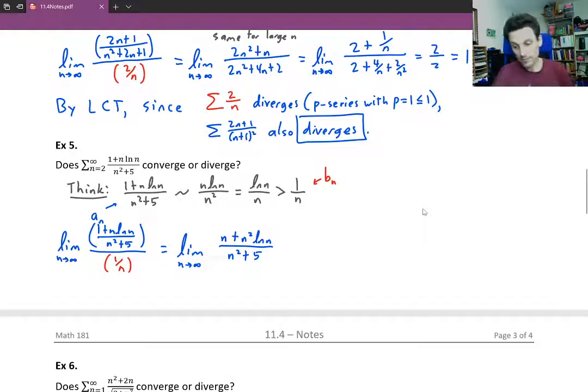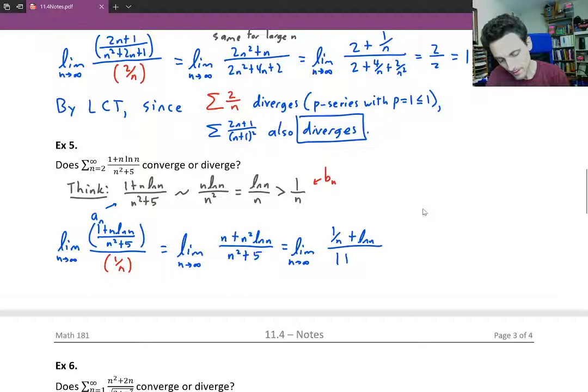Here we can divide top and bottom by n squared. That's the leading term on the bottom. So we would get 1 over n plus ln n over 1 plus 5 over n squared. So we're dividing the top and the bottom by n squared.